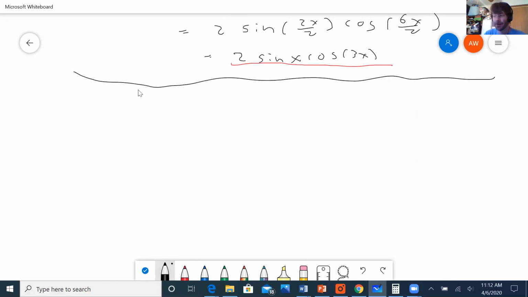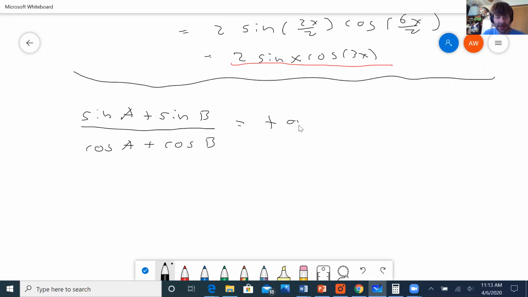So I've got sine A plus sine B over cos A plus cos B, and I'm trying to get tangent of (A plus B) over 2.